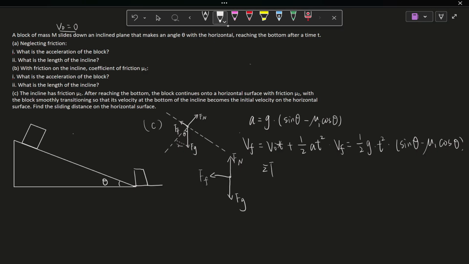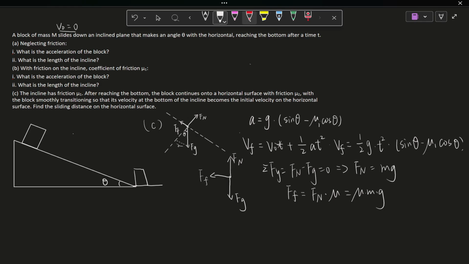Or I can write Fy is equal to 0, equals Fn minus Fg equals 0, from which we get Fn equals mg, because Fg is equal to mg, right? And then we can get the friction force Ff, which is equal to Fn times mu. Right here it is mu times m times g.